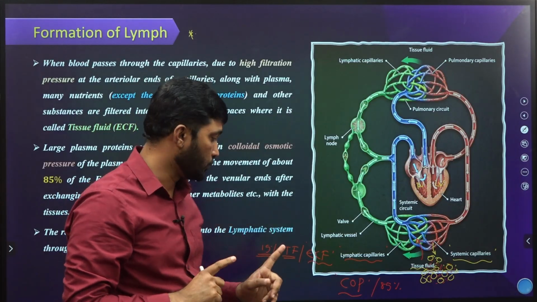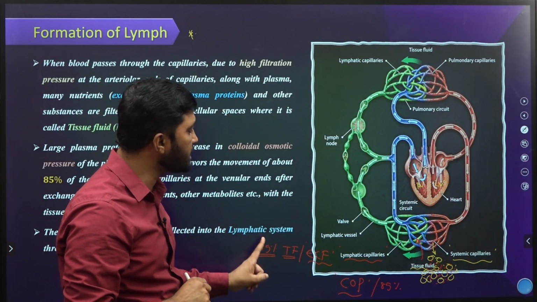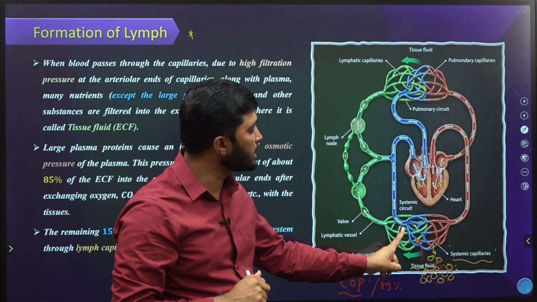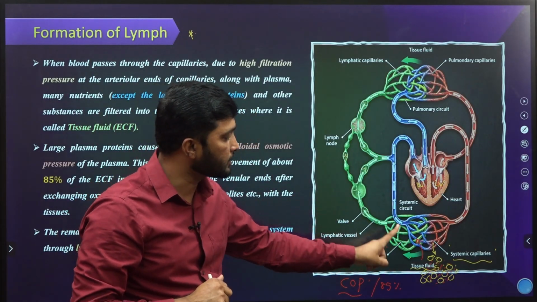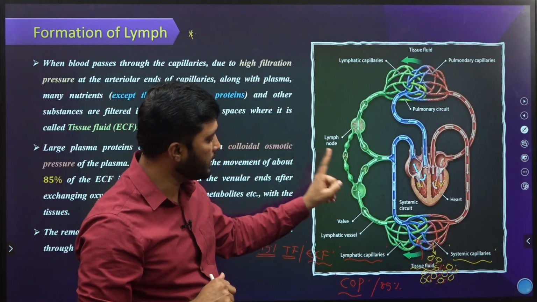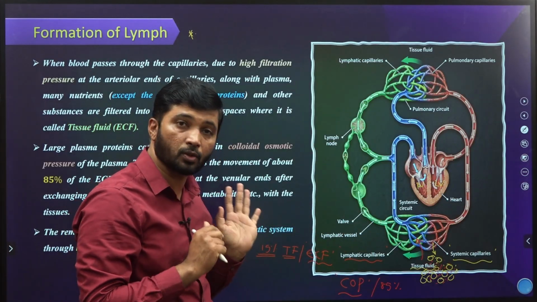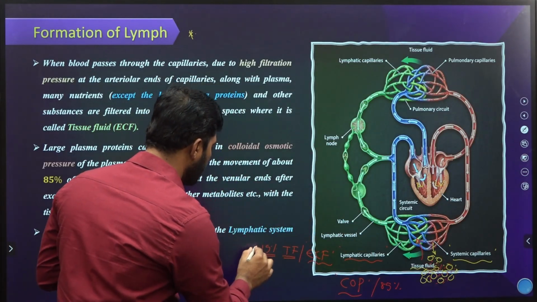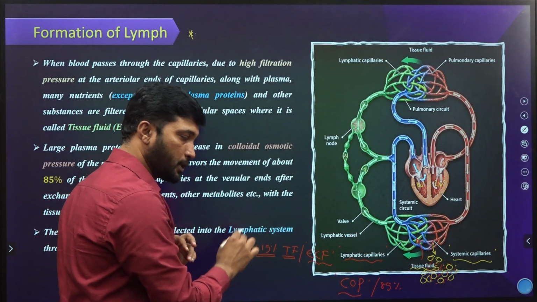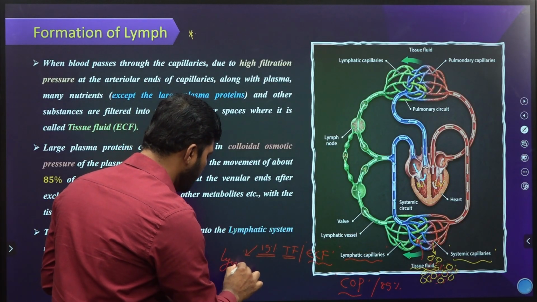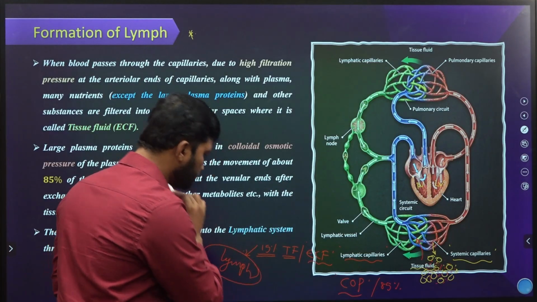Once 15% of the tissue fluid enters the lymphatic system, like lymph capillaries, ducts, and vessels, it is now called lymph. This 15% of the tissue fluid becomes lymph.